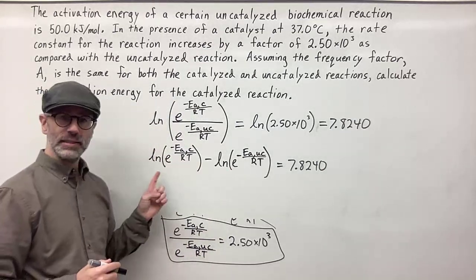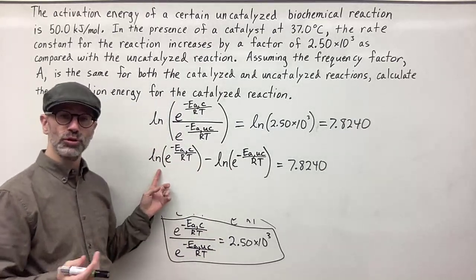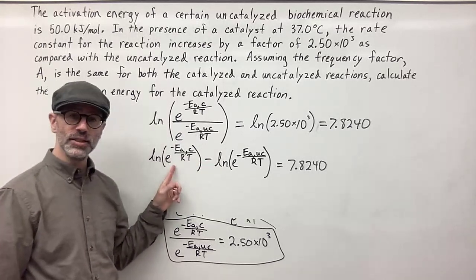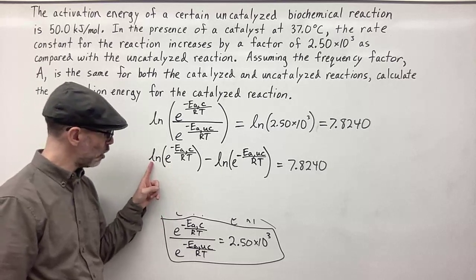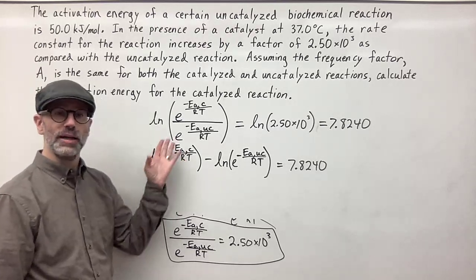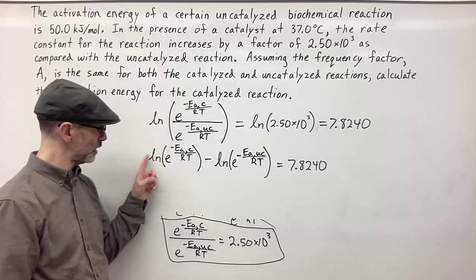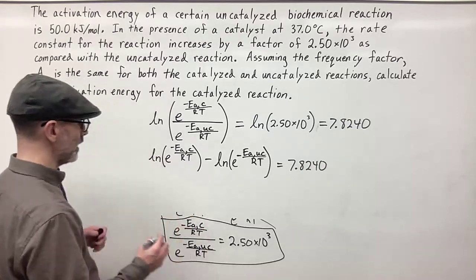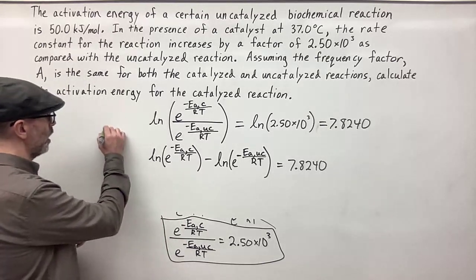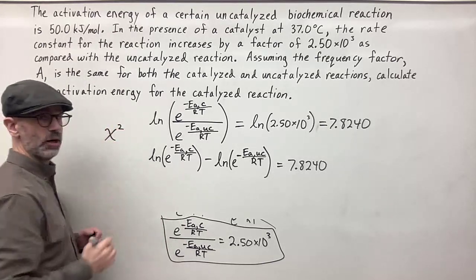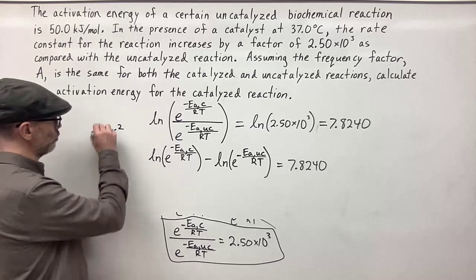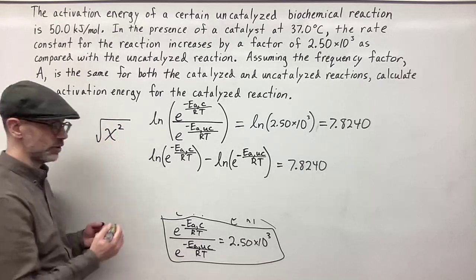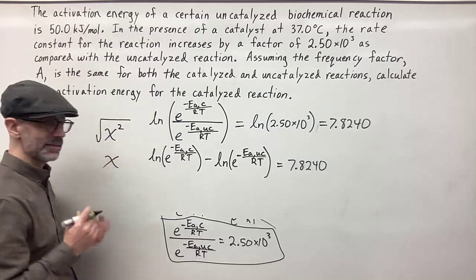Now I can simplify this. So again, one of the rules or laws of natural logs is that the natural log will undo e. So if I take the natural log of e raised to some power, the power becomes the term itself. So these kind of cancel each other out. Just like if I had x squared, and if I take the square root of x squared, the square root and the square will cancel each other out, and I get x left over.